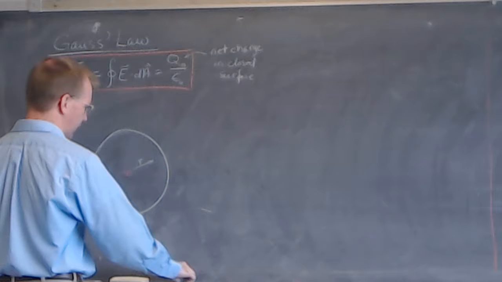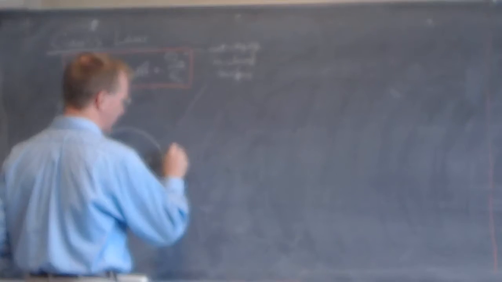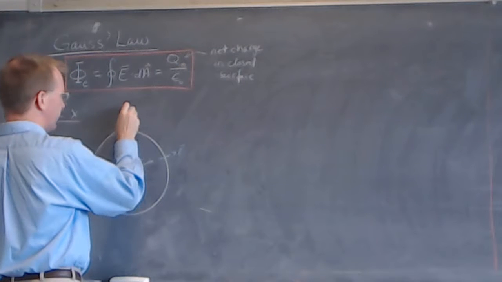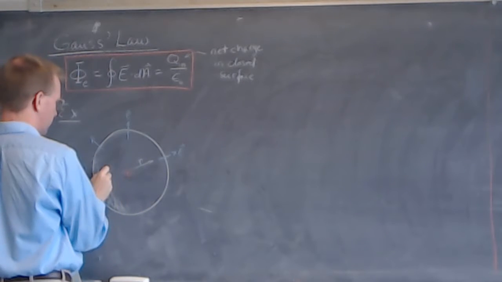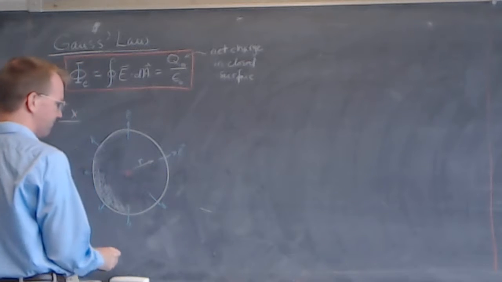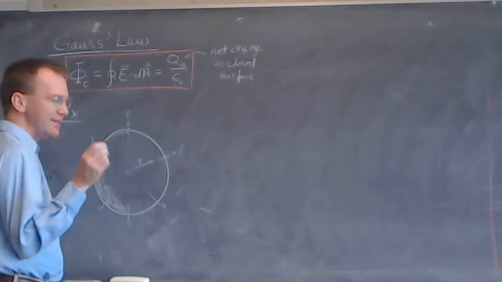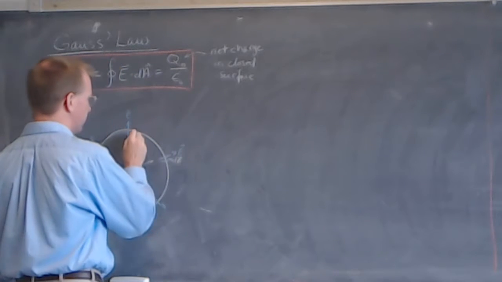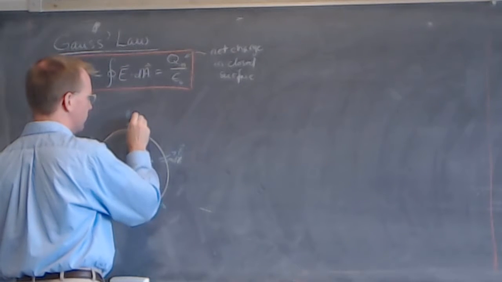Now I know that the field lines must be coming out normal to the surface everywhere. Okay. And dA is going to be normal everywhere, as it must be, by definition.